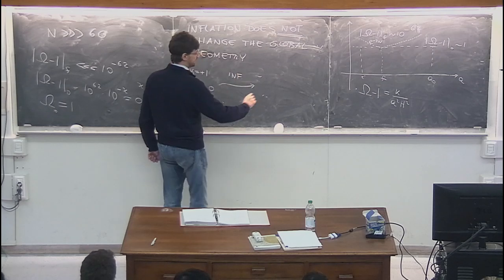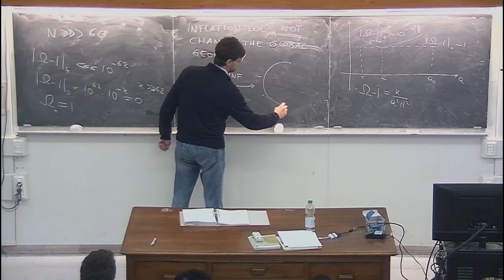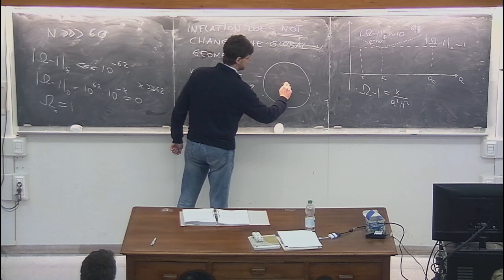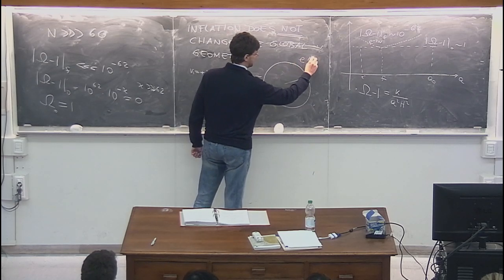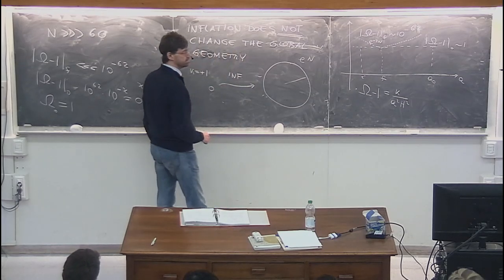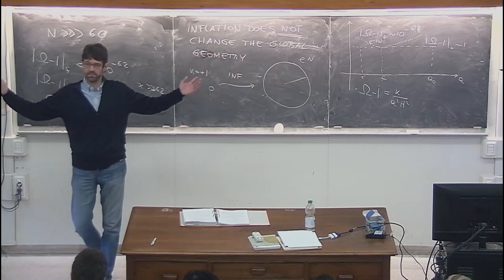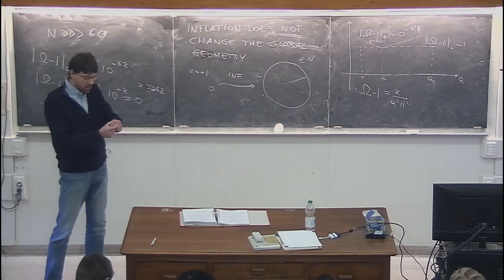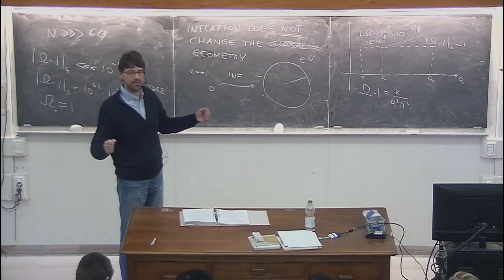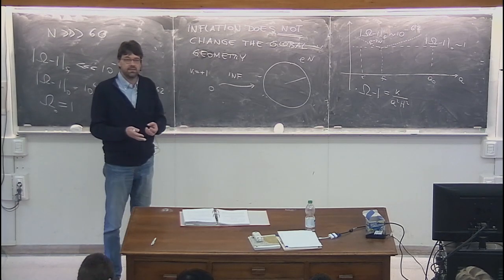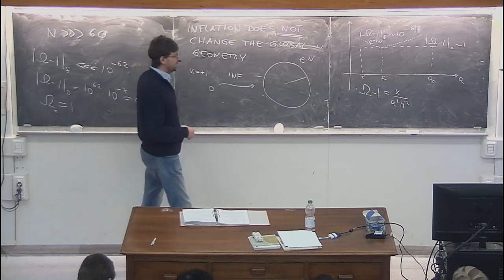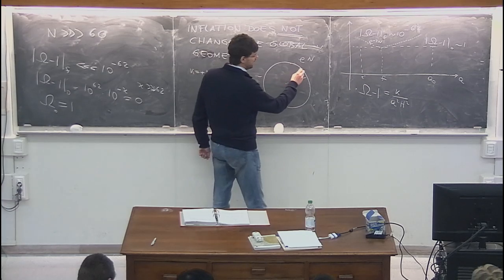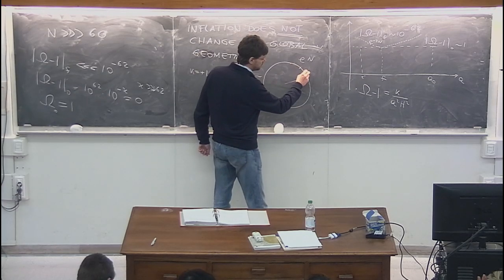The sphere gets enlarged by a factor e to the N. I take this small ball, I increase its radius exponentially, still a sphere at the end, but with an incredibly large radius.